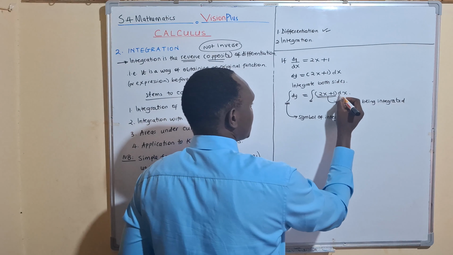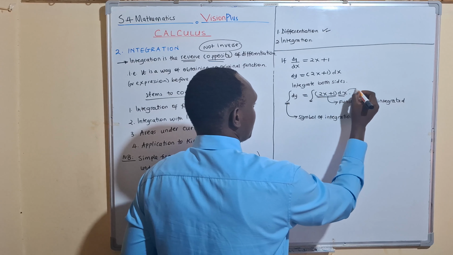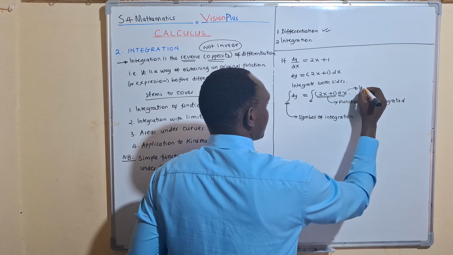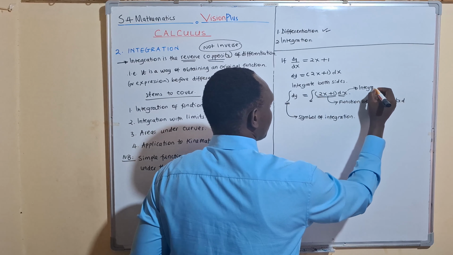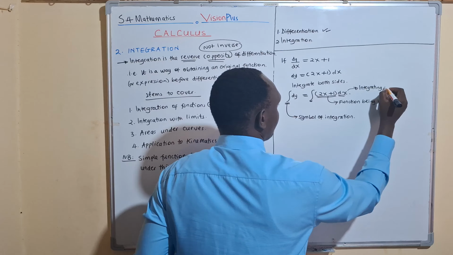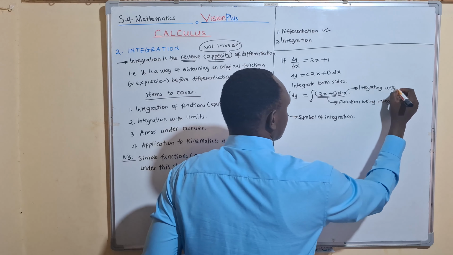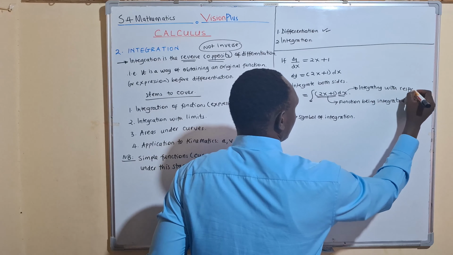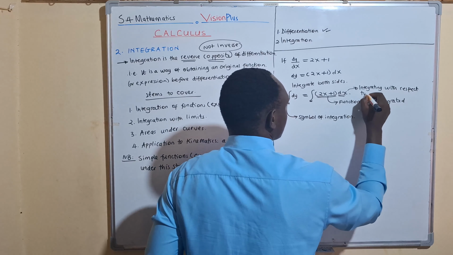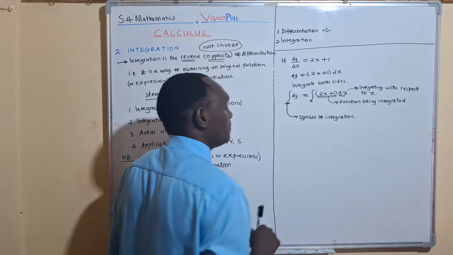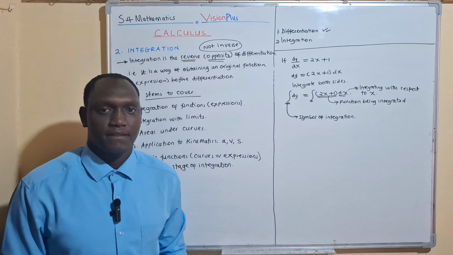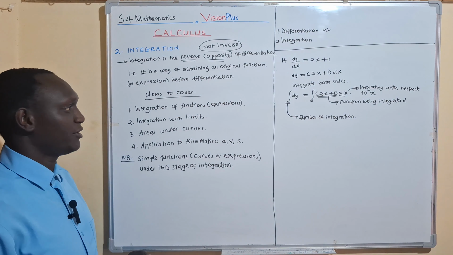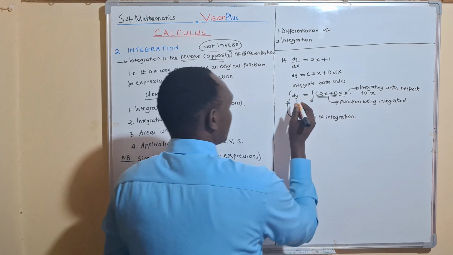What about this dx here? This dx here means that we are integrating with respect to x, or with respect to a variable x. That is the meaning of the x. It is the same thing here.